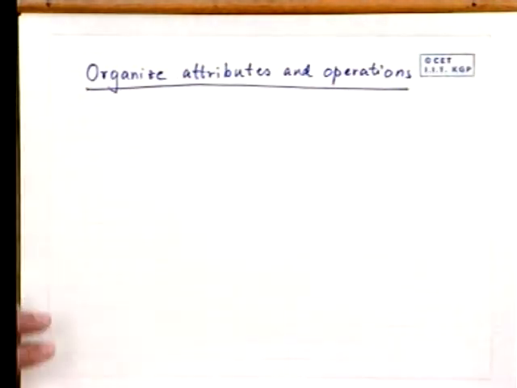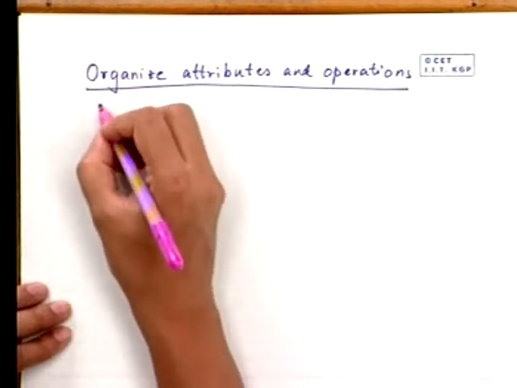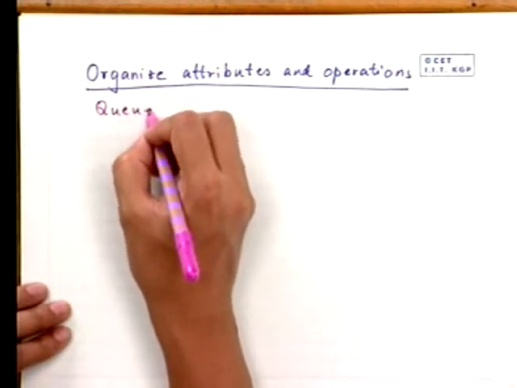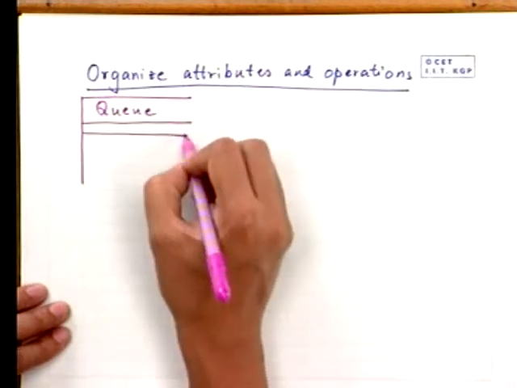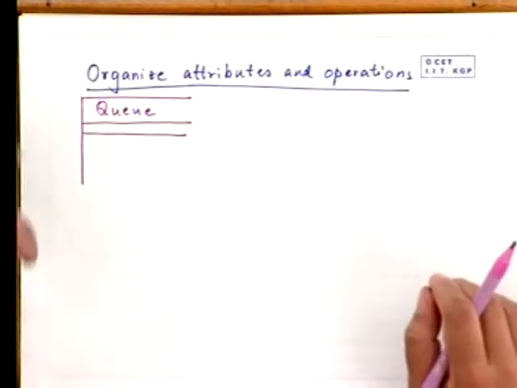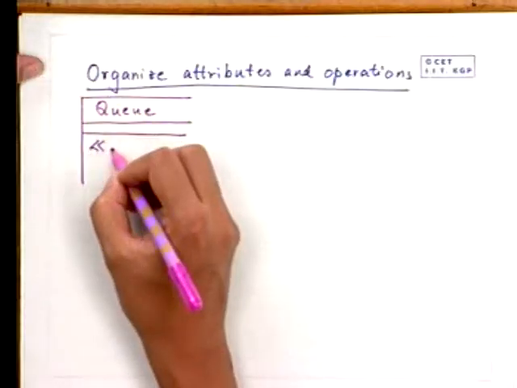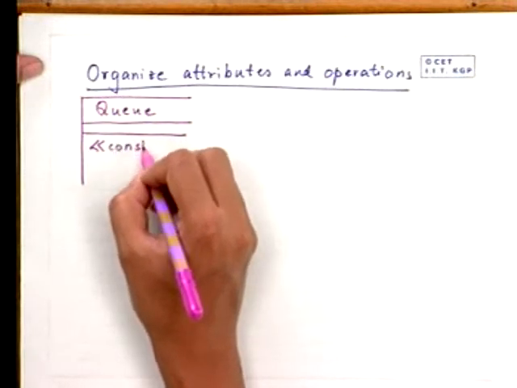For example, let us look at this class Q, and let us look at the operations on Q. We can group the operations on Q into different classes. First, the constructor operations.